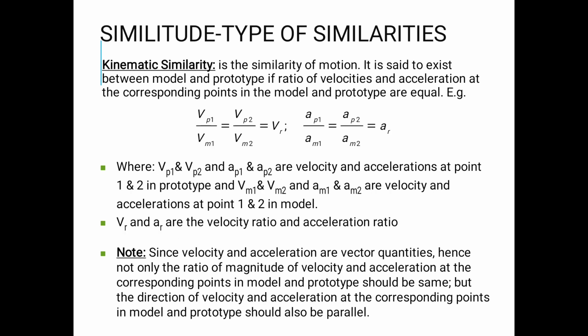Kinematic similarity. Kinematic similarity is a similarity of motion. It is said to exist between model and prototype if the ratio of velocity and acceleration at the corresponding points in the model and prototype are equal.